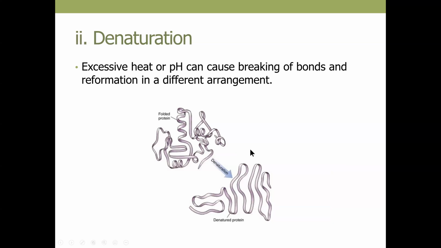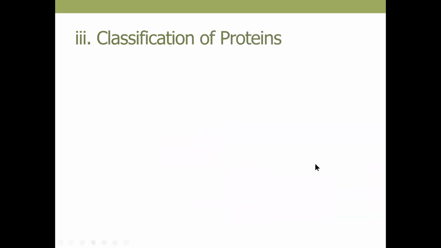This molecule right here has a configuration that would fit into that enzyme to get it to interact with another molecule. This protein, which has been denatured, has an entirely different three-dimensional arrangement, so it obviously wouldn't fit into the enzyme. So this protein is now non-functional.